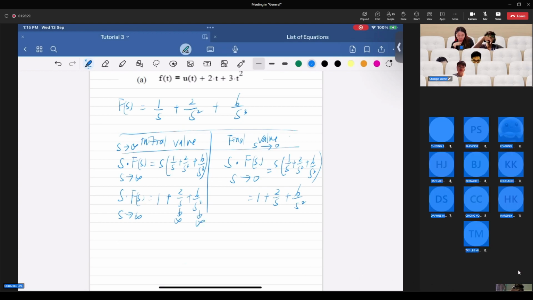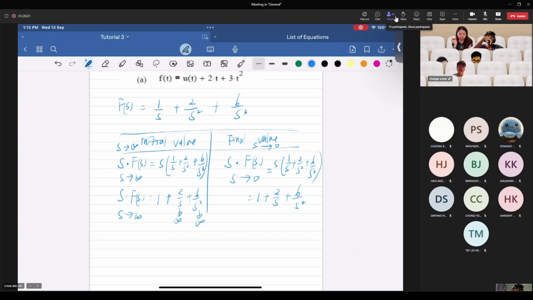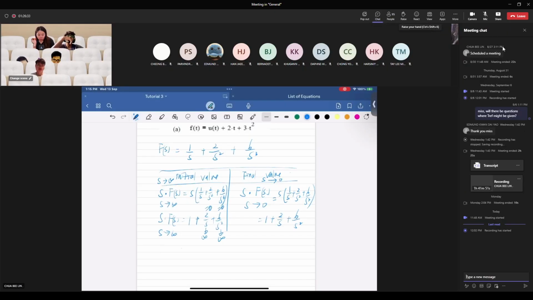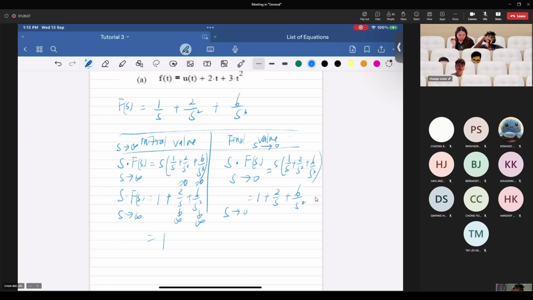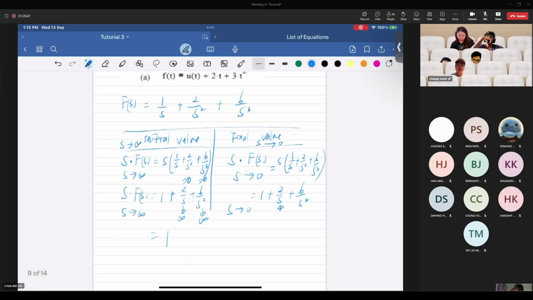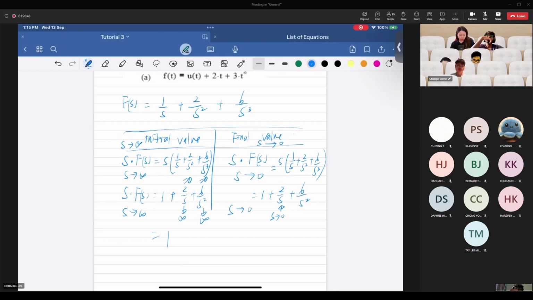This is infinity, you divide by a very big number, so this will give you 0, 0. So it's 1. Now s goes to 0. When this is a super small value, it should give you infinity. So the answer is finally infinity. So this is the initial value. This is the final value.